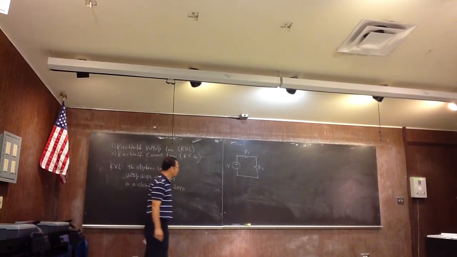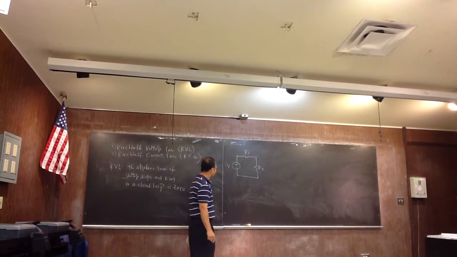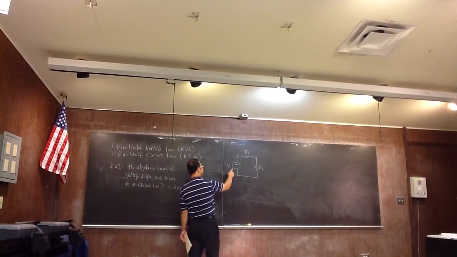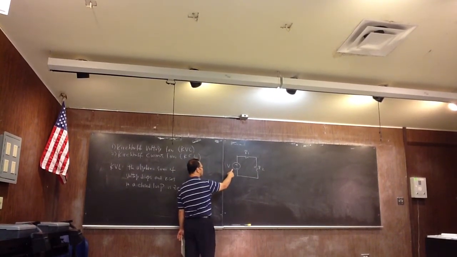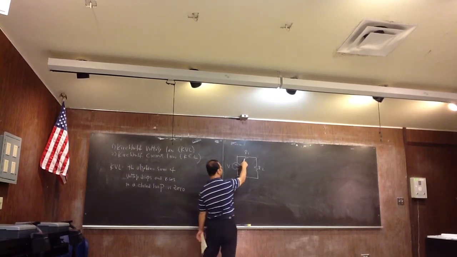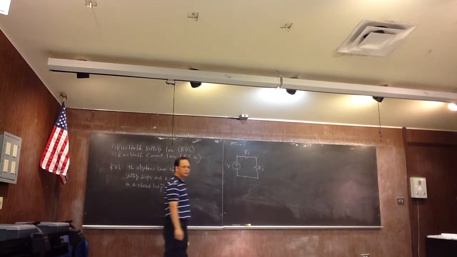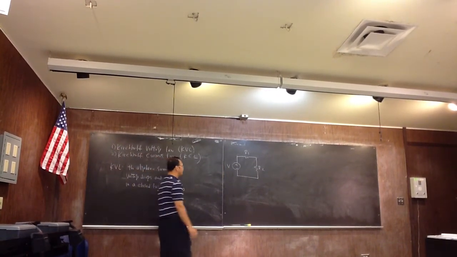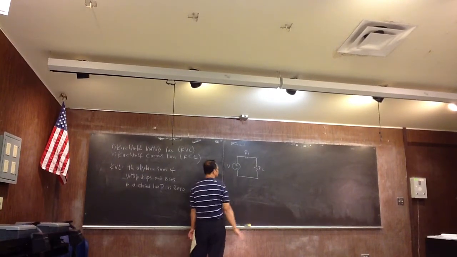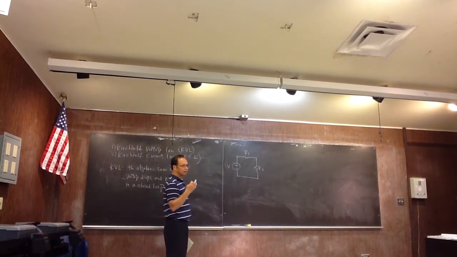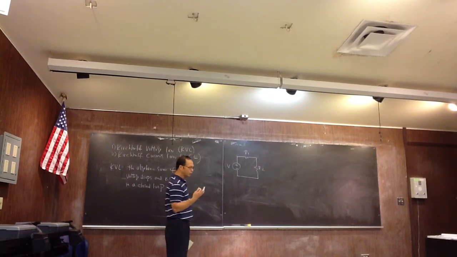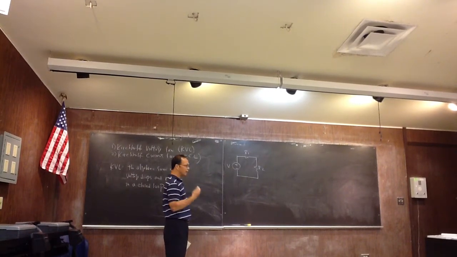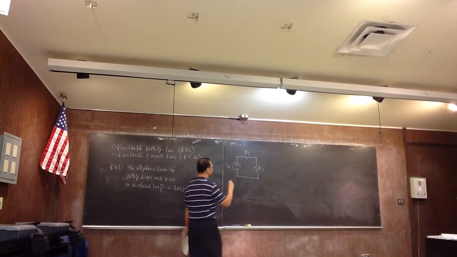So we have a circuit that consists of a voltage source with some voltage and two resistors in series. Okay, first of all, when you have a voltage source with the polarity like this, the current generated by the voltage source always goes from the minus to the plus.